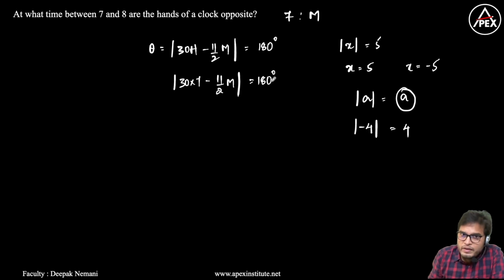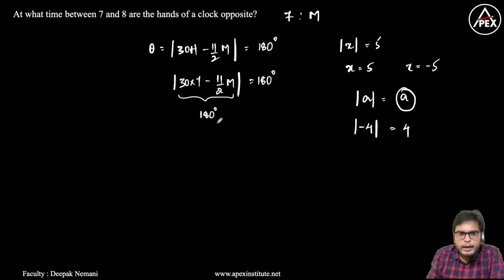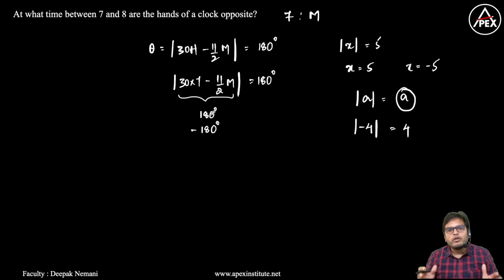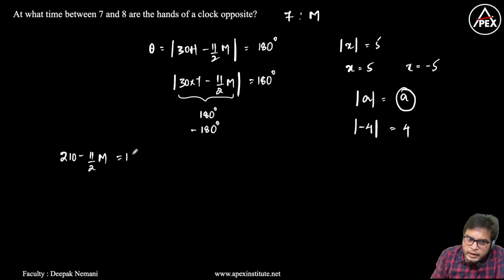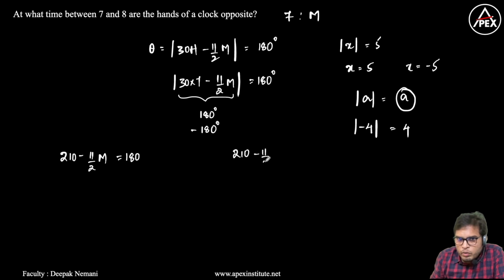Right? Now if this is 180 degrees, if this value is 180, then modulus of 180 will be 180. And if this value is minus 180, then also when you apply modulus to minus 180, the outcome will be 180 only. Right? So the value of 30 into 7, which is 210, minus 11 by 2 m can be either 180, or 210 minus 11 by 2 m can also be minus 180.